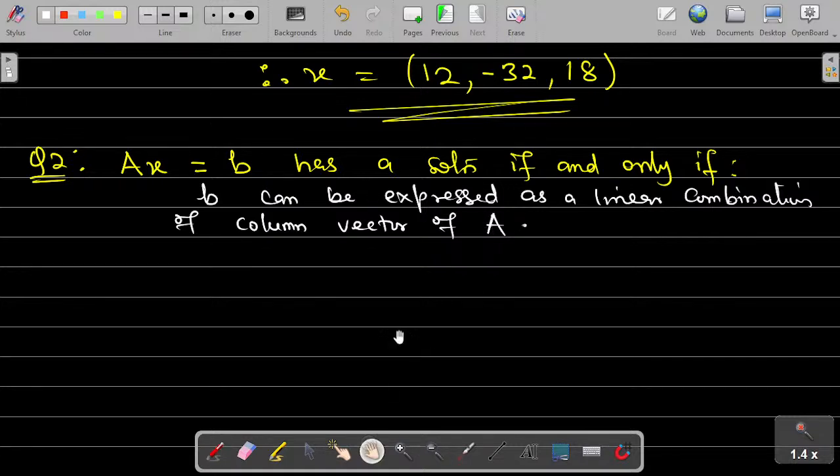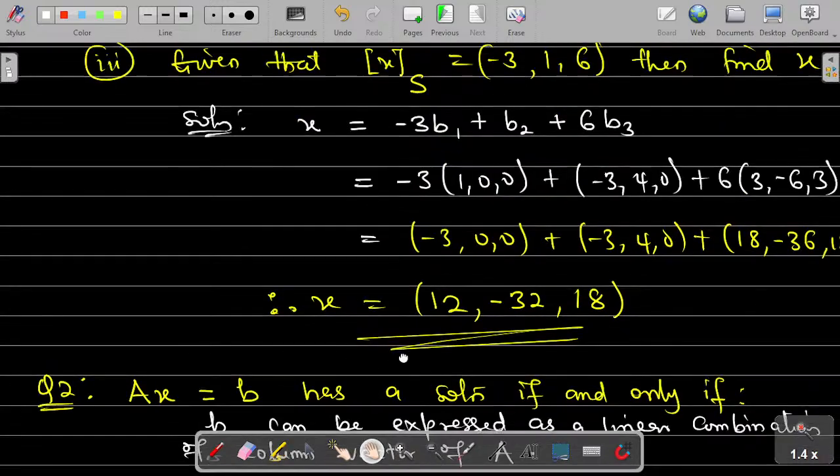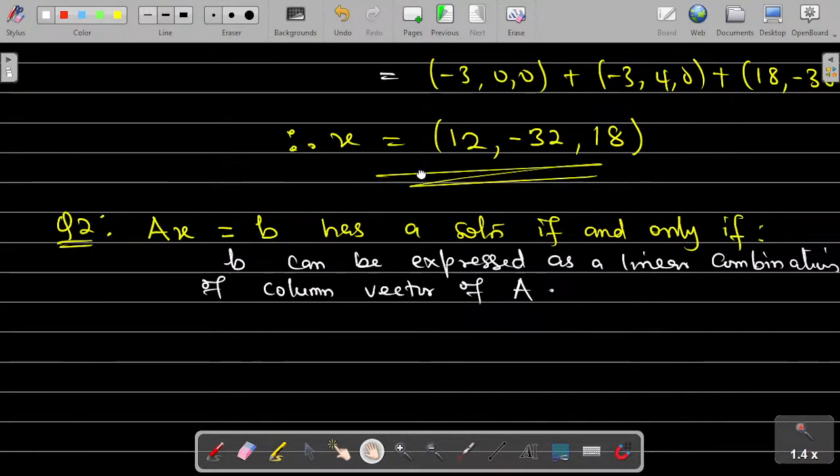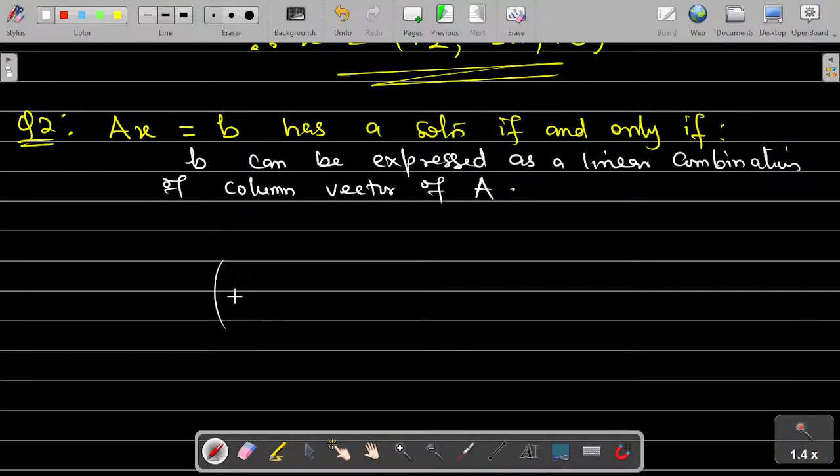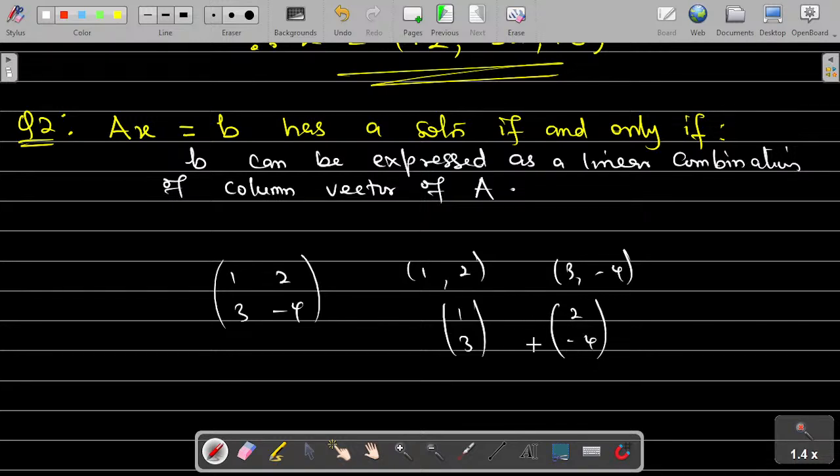Let me quickly give an example. If this is a matrix, say 1, 2, and then 3, minus 4, you can get 2 row vectors, which are 1, 2 and 3, minus 4, and you can get 2 column vectors, 1, 3 and 2, minus 4. So these are the column vectors of this matrix, while these are the row vectors.